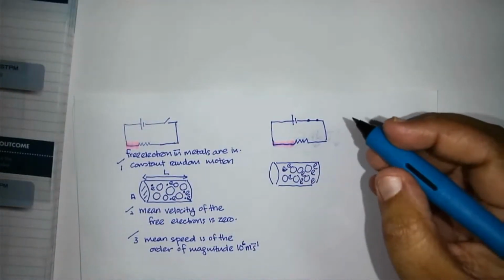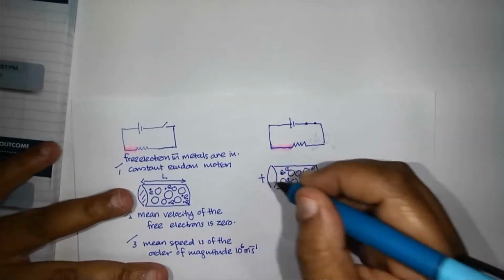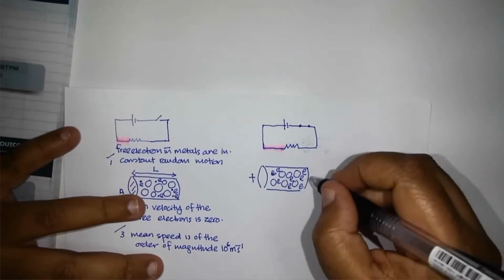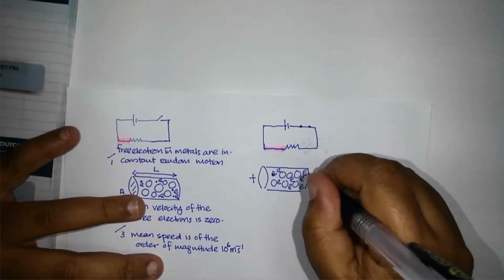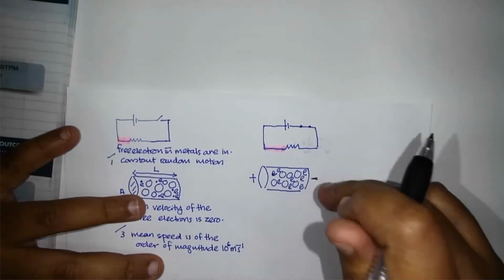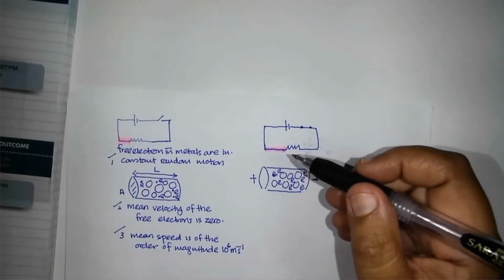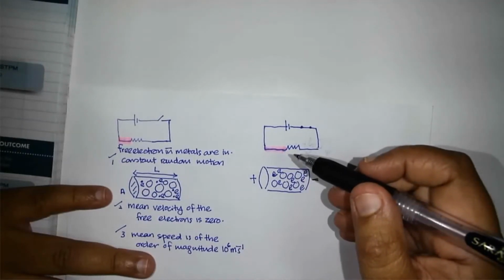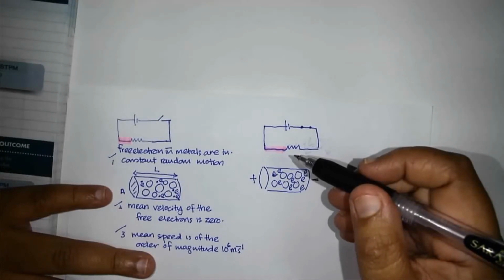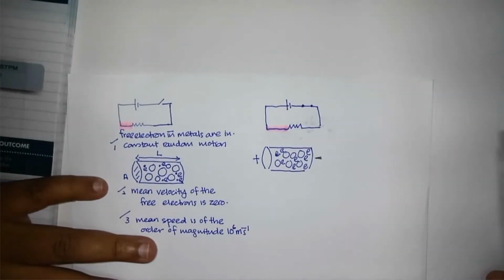Here becomes a positive potential and here becomes a negative potential, higher and lower potential. What will happen, exactly like the previous class, is the free electrons will drift.